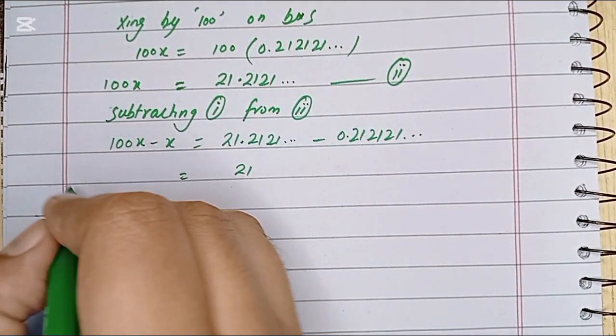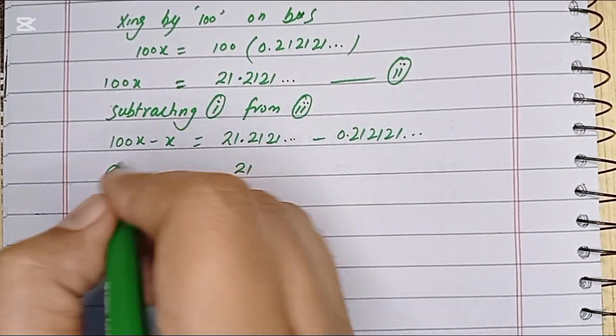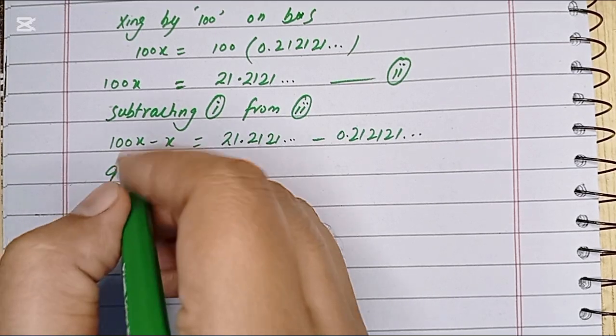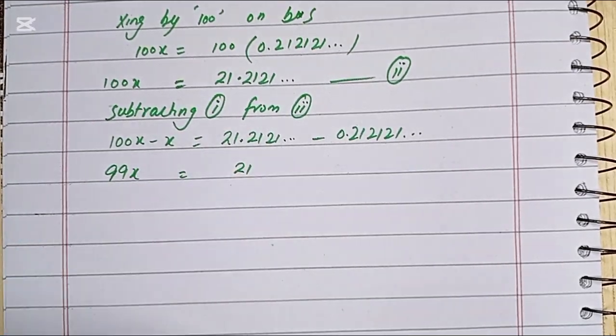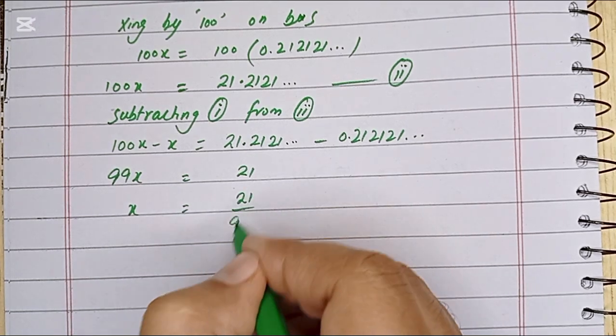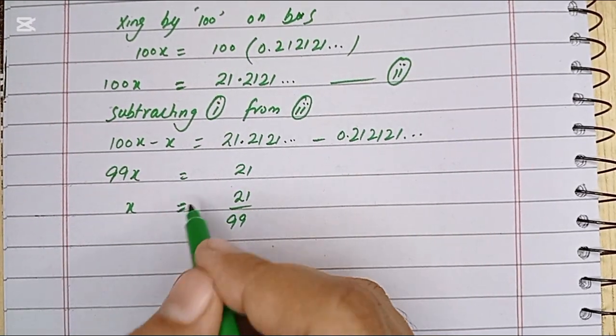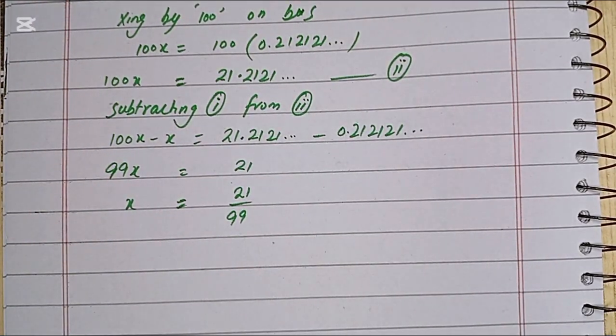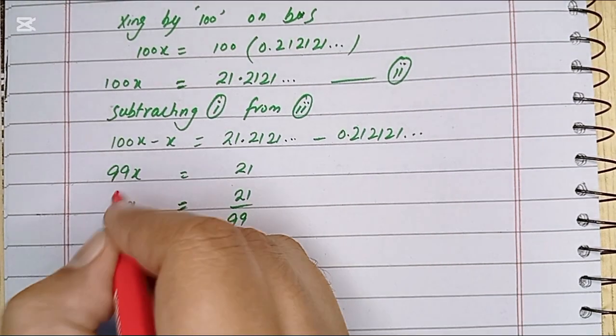The right hand side will be 21 and the left hand side will be 99x. Now 99 is divided on the other side, which gives the rational expression of the third part, 21 over 99.